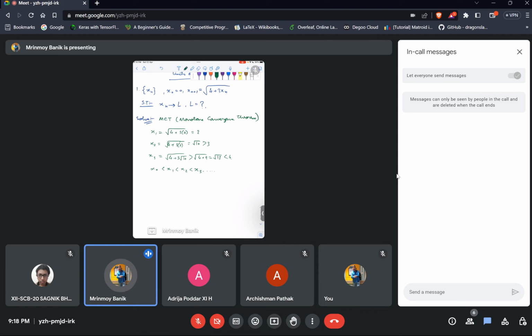So let's now try to show it's strictly increasing using induction. To show xn is less than xn+1 for all n.